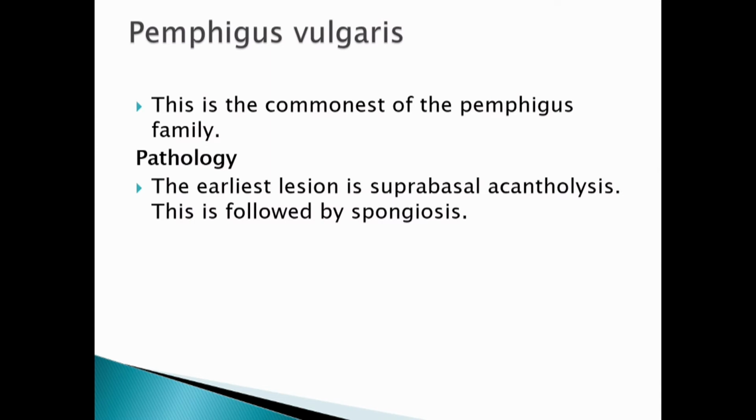The acantholysis and the spongiosis are suprabasal. What does suprabasal mean? It means above the basal cell layer. As seen in this photo, the slide shows suprabasal acantholysis. This gap here is because of suprabasal acantholysis.